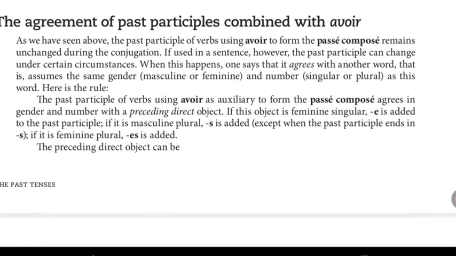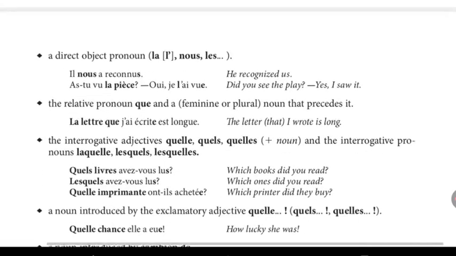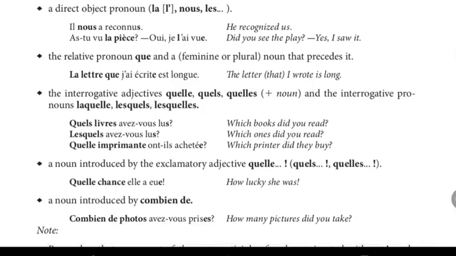So we're going to call it agreement. Yes, this is where the French is a killer. When you conjugate with avoir, we do not have agreement between the subject pronoun and the past participle. However, the agreement comes when we have a direct object before the verb. Let's take, for example, as you can see, we have a direct object now. Il nous a reconnus.